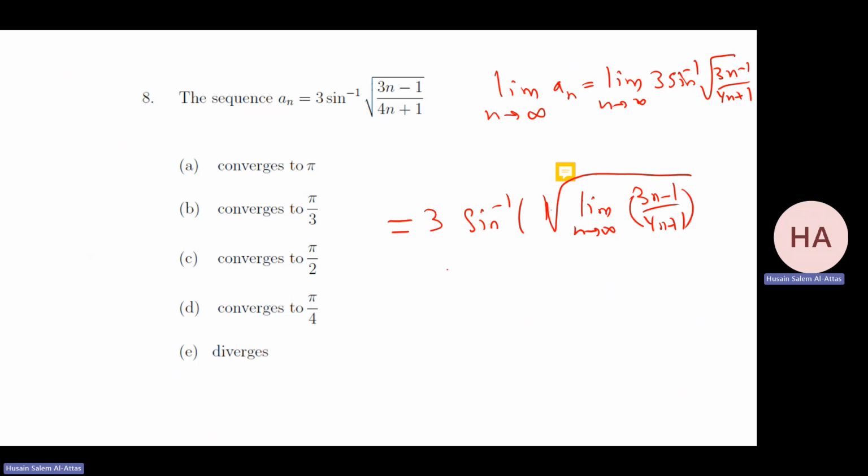This limit will be 3 sine inverse of the square root of 3 over the square root of 4, which is 2. What is sine inverse of square root 3 over 2? That will be pi over 3, which is 60 degrees. Yeah, that gives me pi, which is the answer.